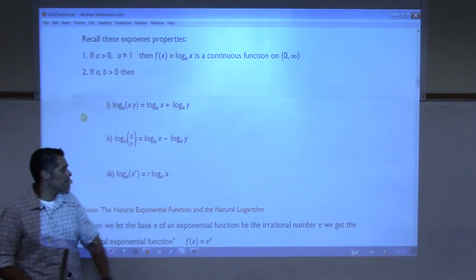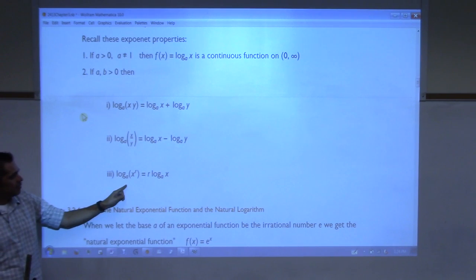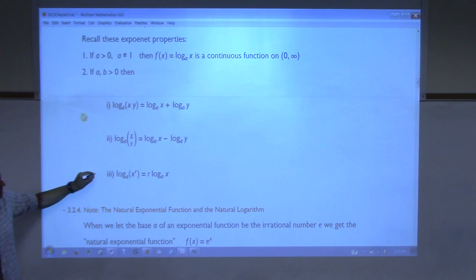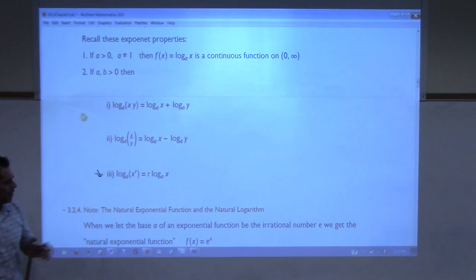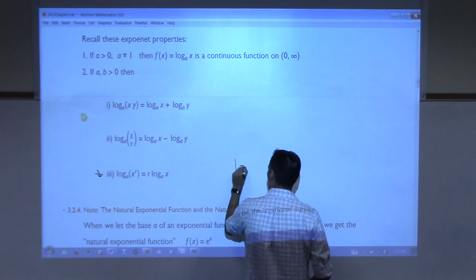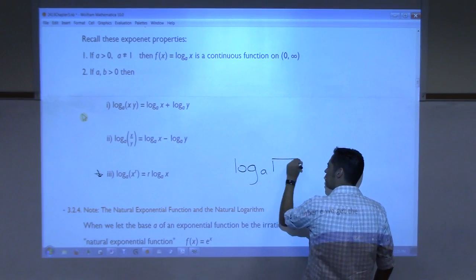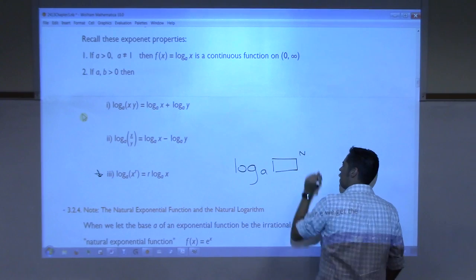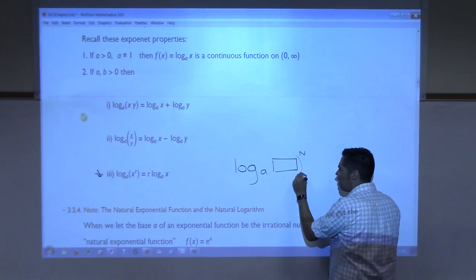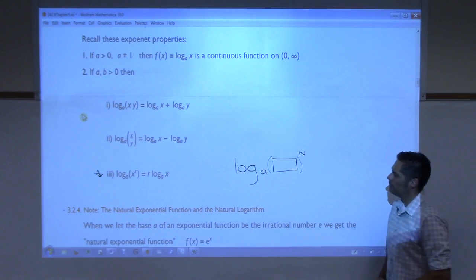And then this one, the big daddy right here, this is a major, major, major formula. I'm going to write it a little bit different. If you have a log, it does not matter what the base is, and you have some expression raised to the n power, in other words, this right here is raised to the n.